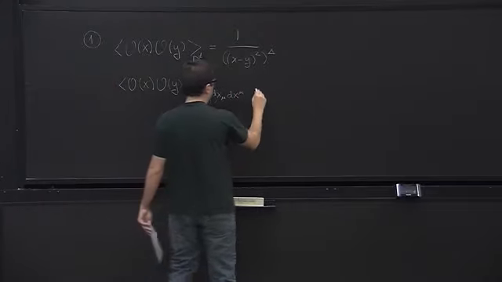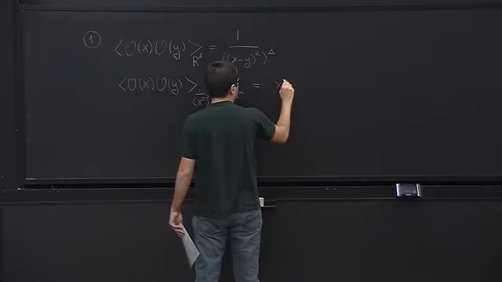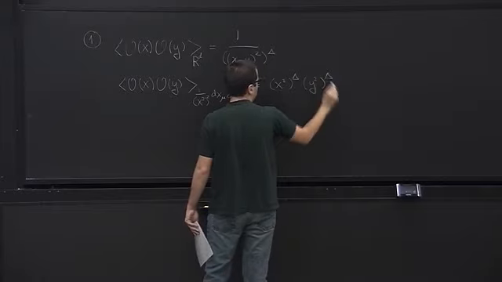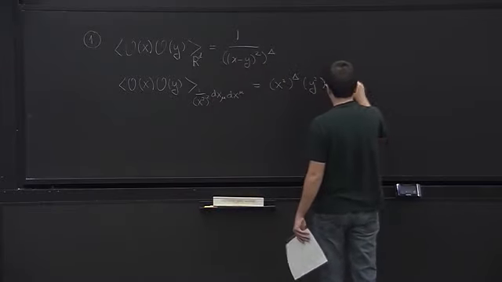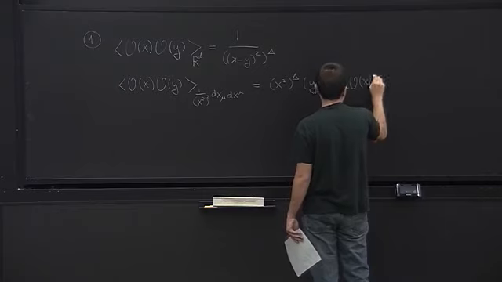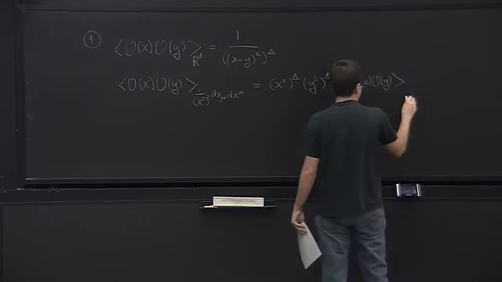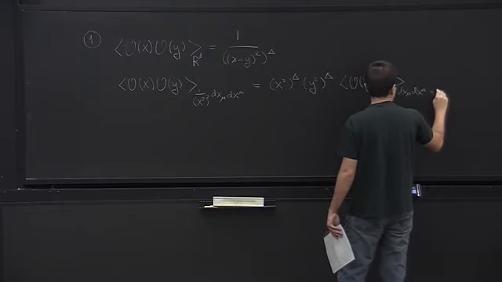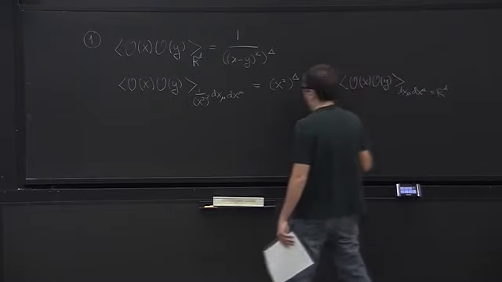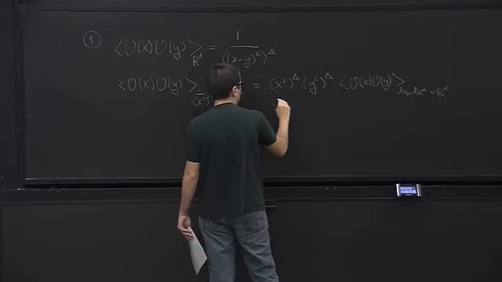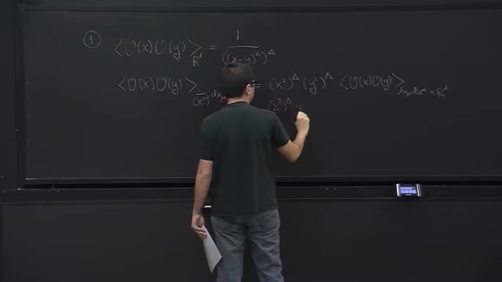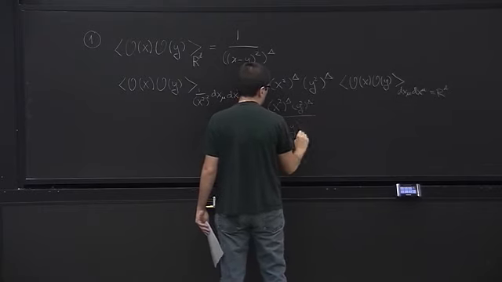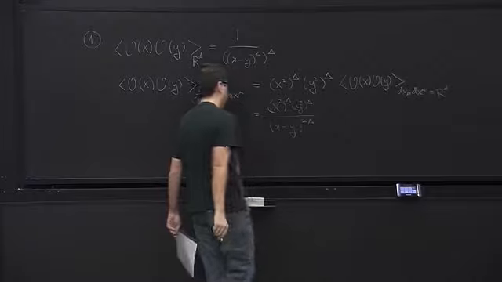Well, according to the rule that I wrote there, I should write x squared to the power delta, y squared to the power delta, these are the factors of omega, times the correlation function O of x, O of y in the space where the metric is just dx^mu dx^mu, which is just R^D. That is, we get x squared to the delta, y squared to the delta, over x minus y to the 2 delta.